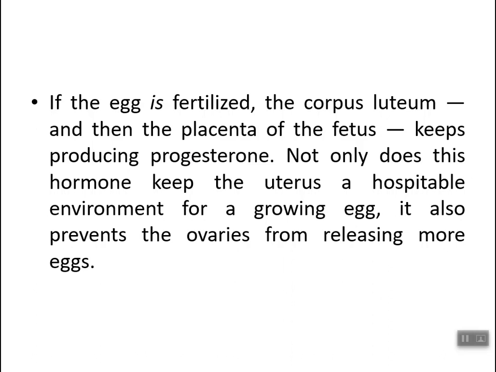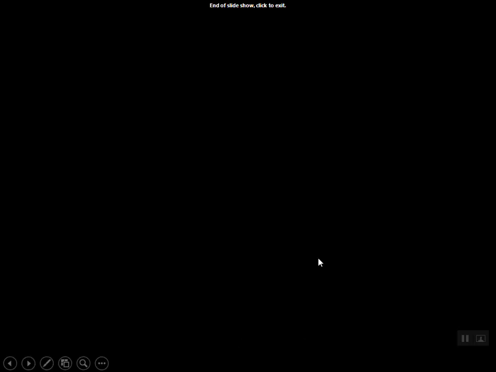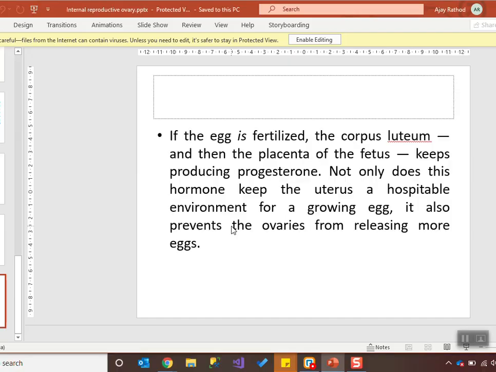The baby is not able to do these things, but the placenta makes a channel between the baby and the mother to supply everything and to excrete the waste products. So this is about the ovary's structure and function.